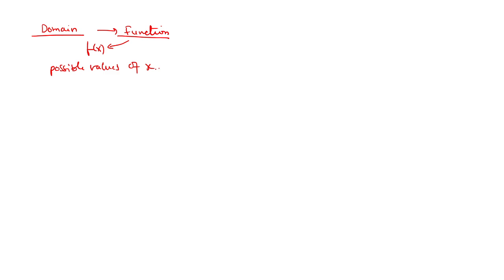x ki possible values, x ki jo values allowed hain jisse function define ho sakta hai, un x ki values ko domain kehte hain. Or in another way, domain ka set hota hai: minimum value to maximum value of x.